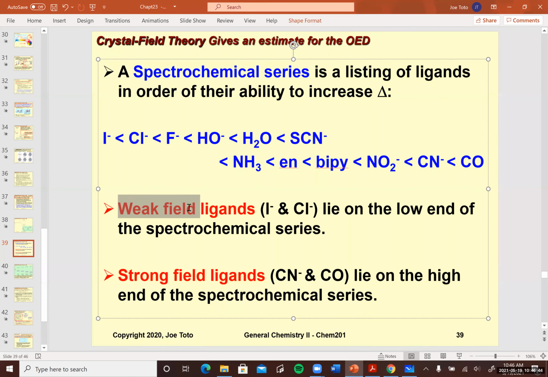So you have the weak field ligands, which lead to smaller gaps and tend to promote that fourth electron and beyond.